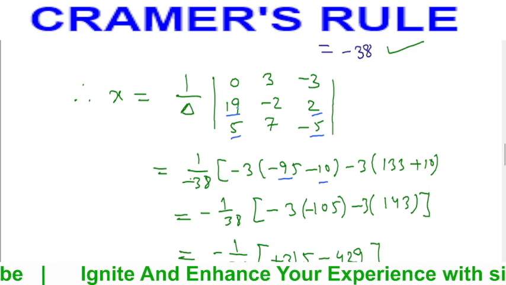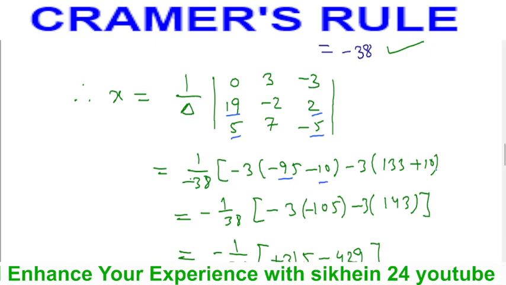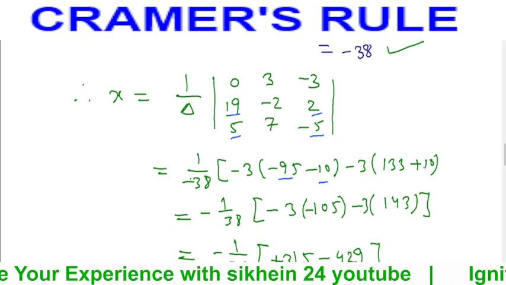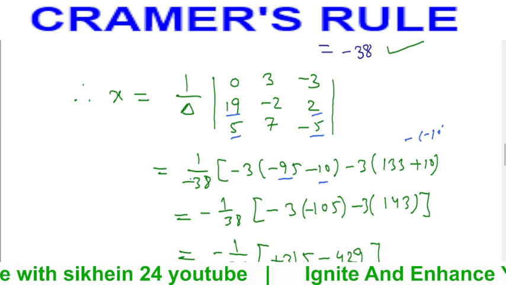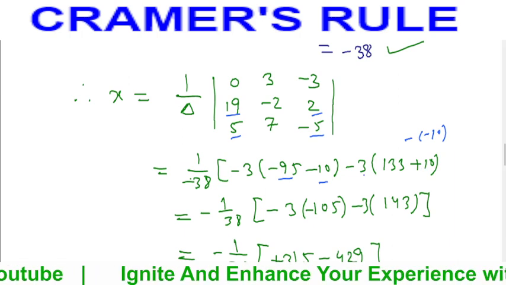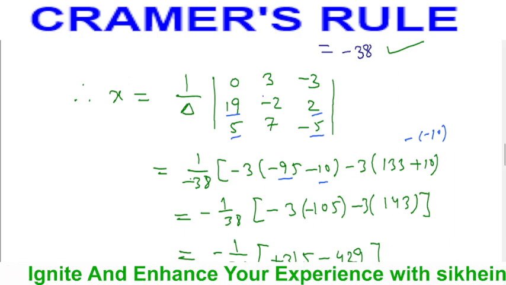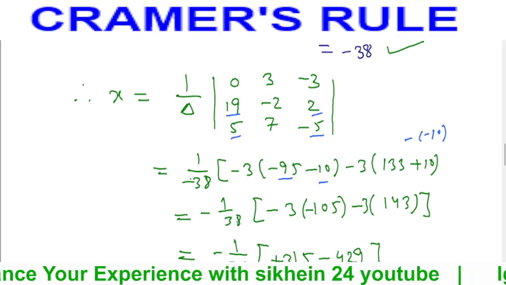Yes, 19 times 7 is 133 and 5 times 2 is 10. Why did it become plus 10? Because minus and minus 10, we get 10, right? And the 3 is written here for this one. Okay, so you know very well.